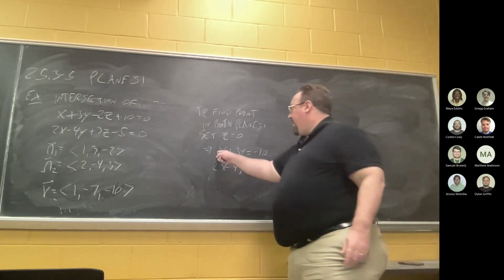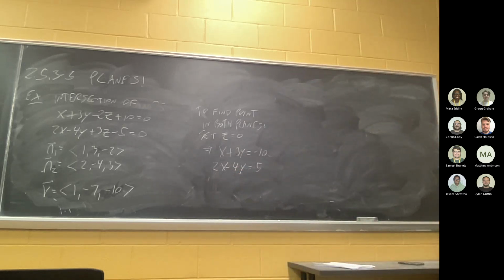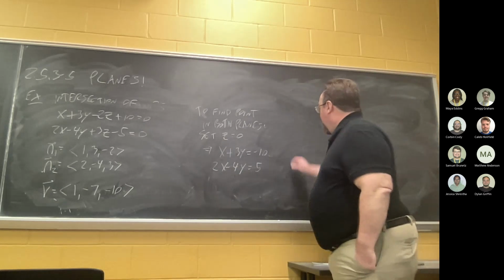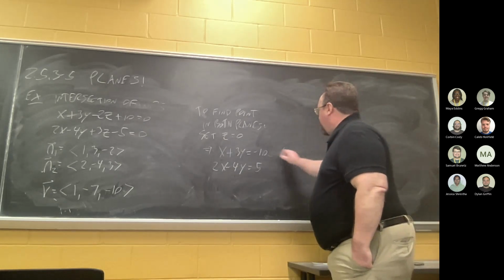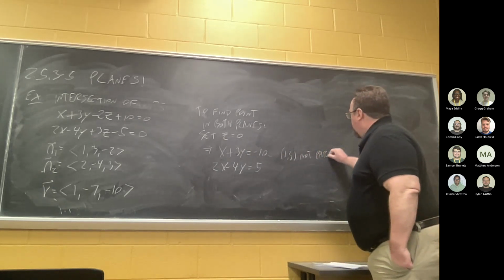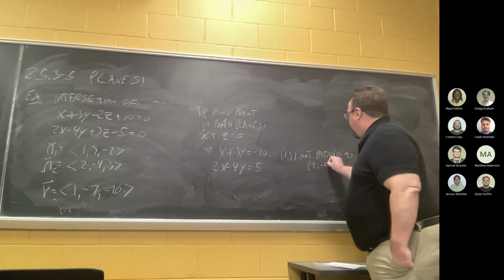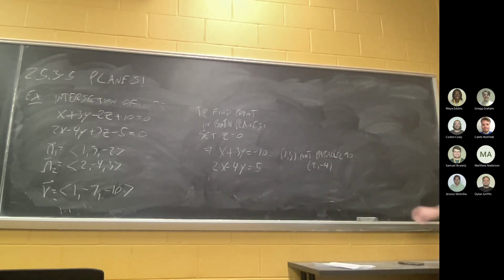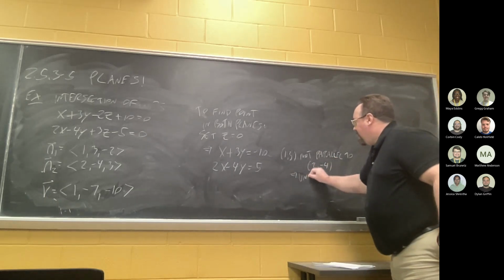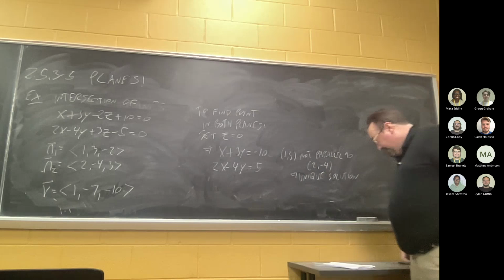Look at the coefficients, 1, 3 here, 2, -4 here, they're not proportional. Yes, the rows are linearly independent. So another way of putting it is the vector 1, 3 of coefficients from the first equation is not parallel to the coefficients from the second equation, 2, -4. So that means this system does have a unique solution.